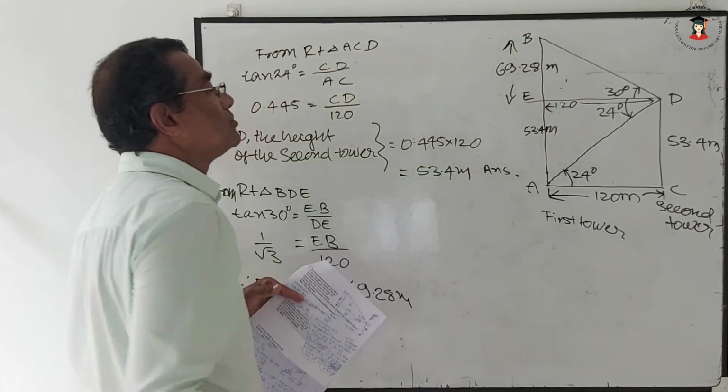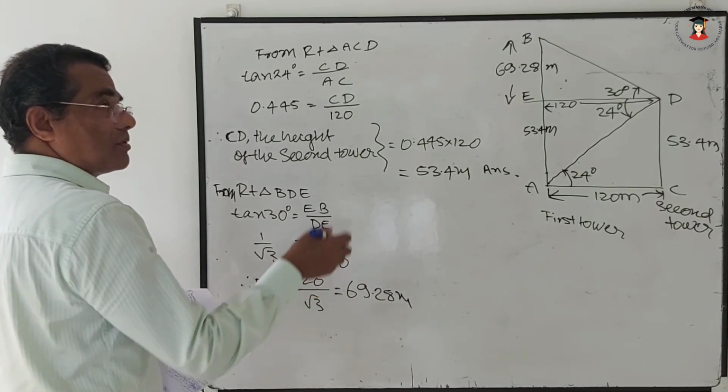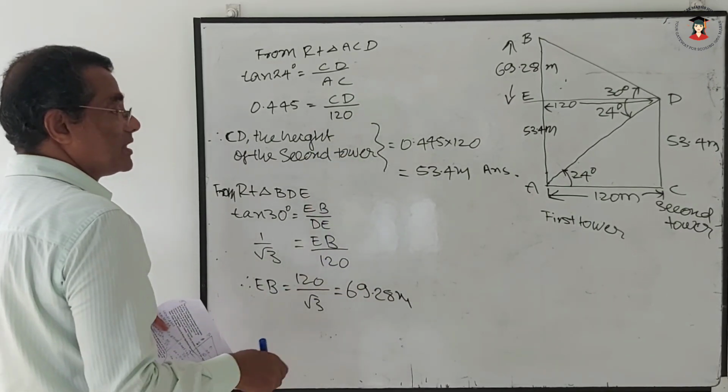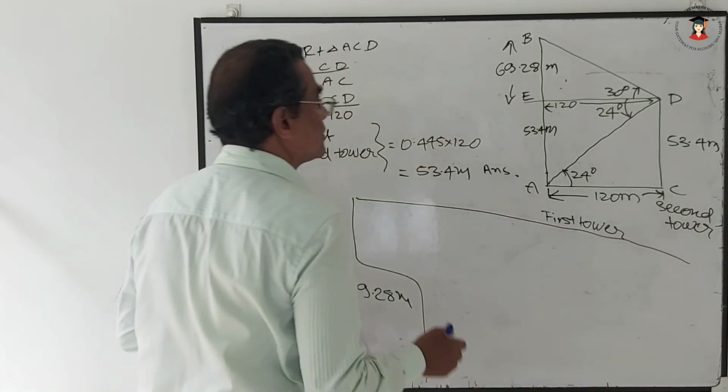On adding these two heights, or on adding those lengths, we get the total height of the first tower.